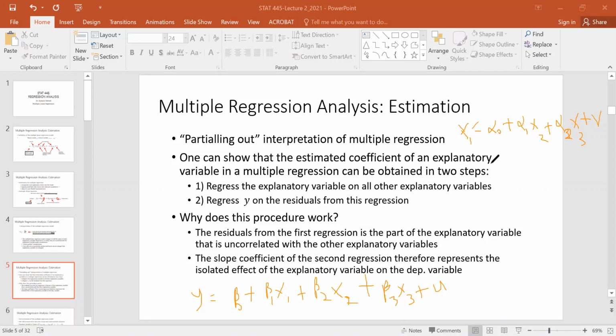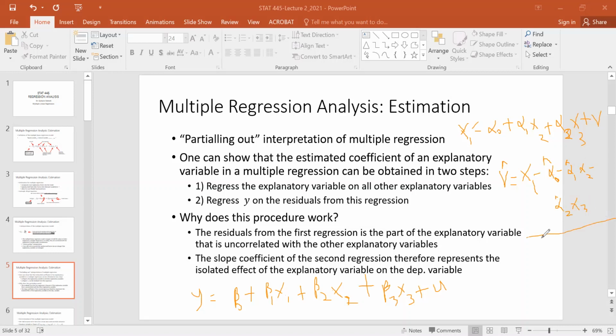When I run this regression, I'm supposed to be looking for v hat. Okay, I'll collect the residuals. V hat will be what? x1 minus alpha 0 hat minus alpha 1 hat x2 minus alpha 2 hat x3.